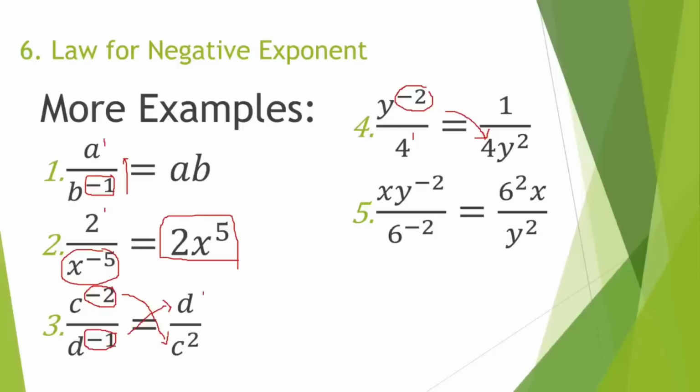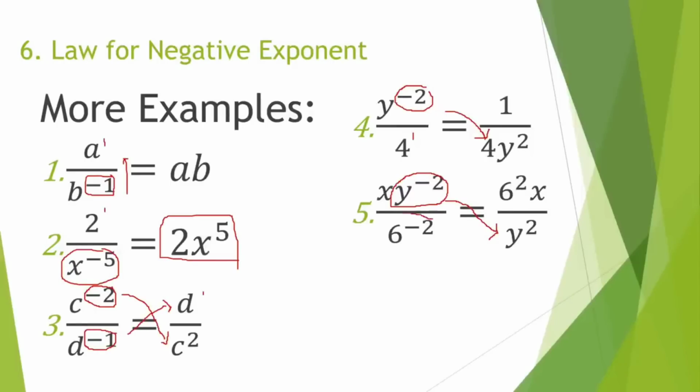And lastly, for example 5, we have x times y raised to negative 2 over 6 raised to negative 2. So in here, only y has the exponent negative 2. So y raised to negative 2 should move to the denominator for it to be positive. So we have y squared.